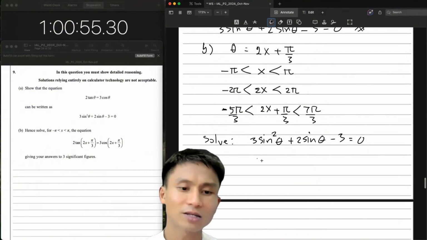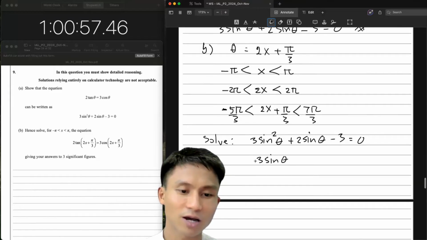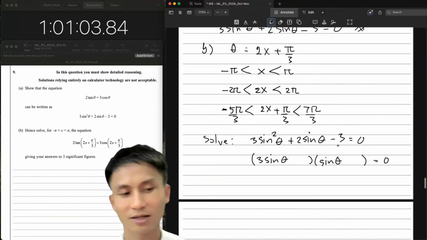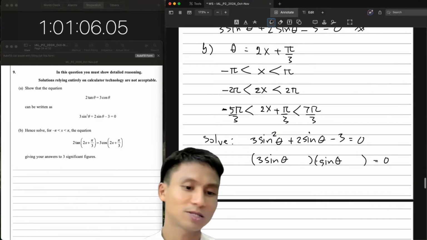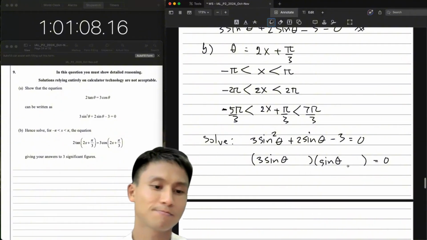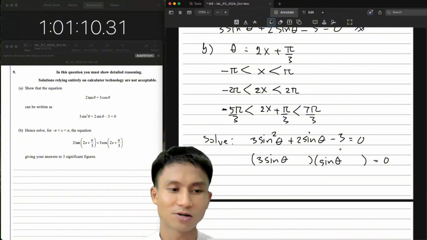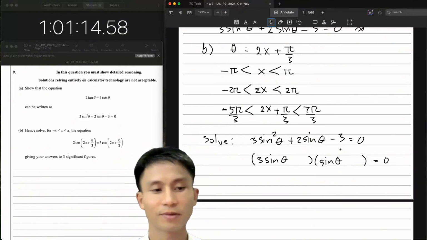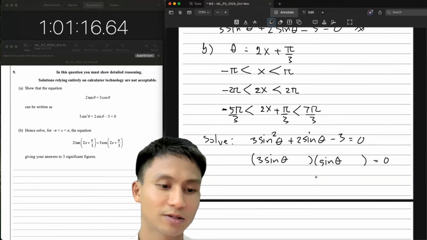Seems like I can factorize maybe. So I'm going to try that. Factorize without letting anything be anything else, just factorize it like this. You can use this technique, guys. It's useful. So seems like, well, that doesn't work. I cannot factorize. Maybe not. Yeah, no, I don't think so.